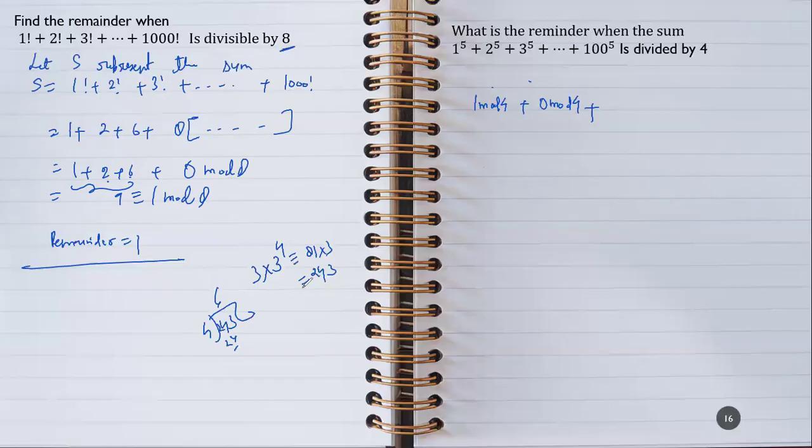And 4 to the power 5 is completely divisible by 4, so it will be 0 mod 4.